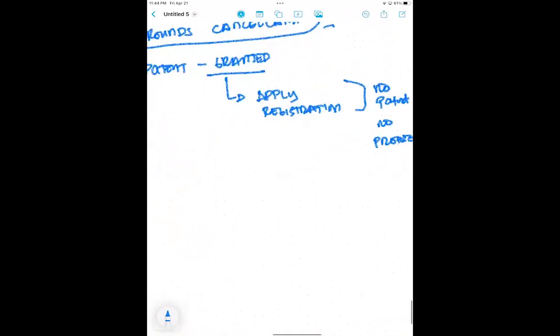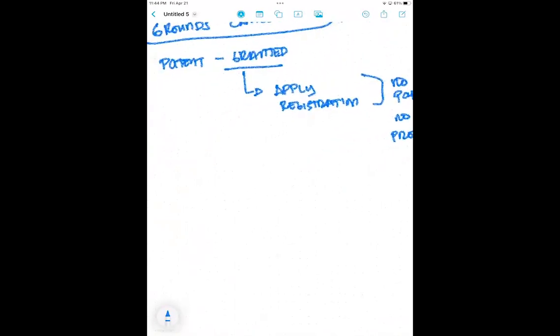Okay, so let's say, for example, the problem states that A was able to invent X. Because he was able to invent X, he was so happy about it, but he did not apply for patent registration.